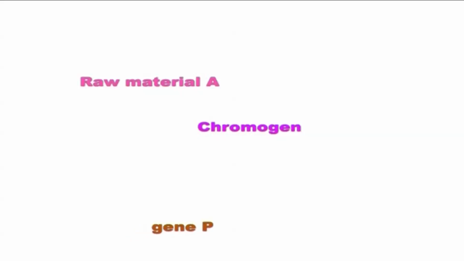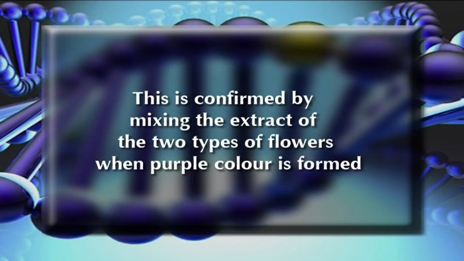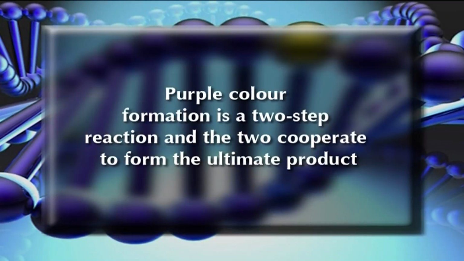The other dominant gene P gives rise to an oxidase enzyme that changes chromogen into a purple anthocyanin pigment. This is confirmed by mixing the extract of the two types of flowers, when purple color is formed. Thus, purple color formation is a two-step reaction and the two cooperate to form the ultimate product.